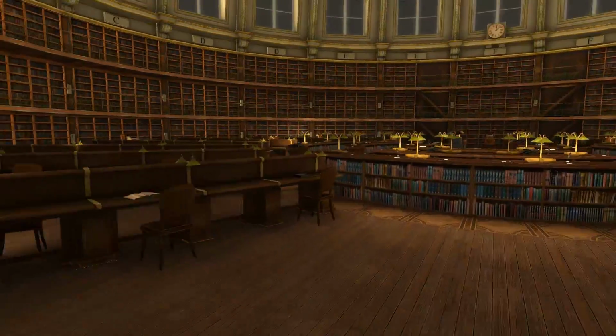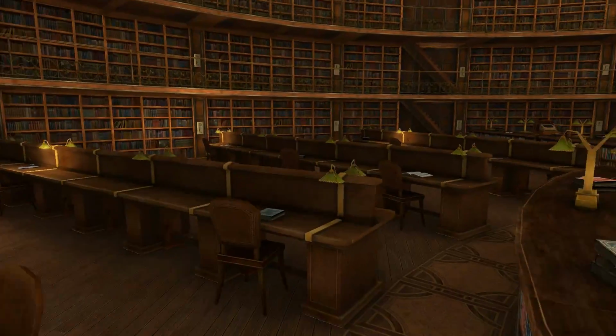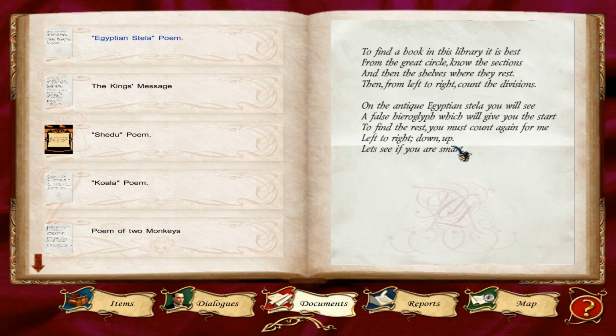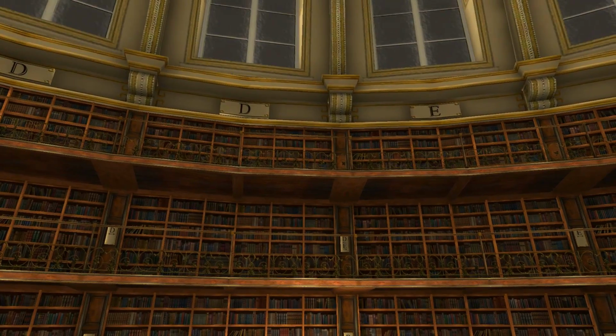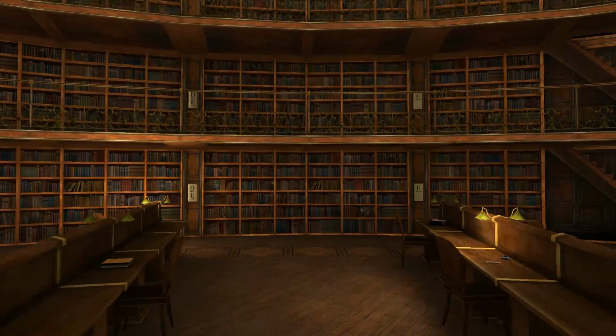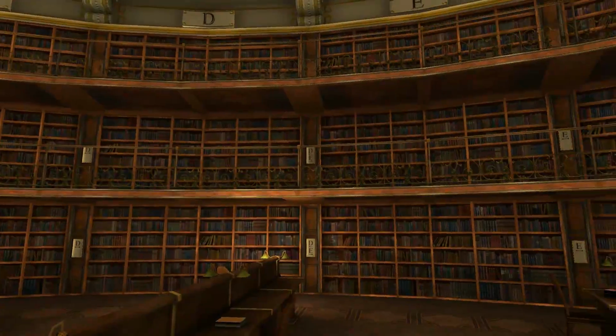Right, section E. But I'm not entirely sure what we need to do from here. Section E. To find the rest, you must count again. For me, left to right, down, up. Let's see if you're smart. What? I have no idea what that means.